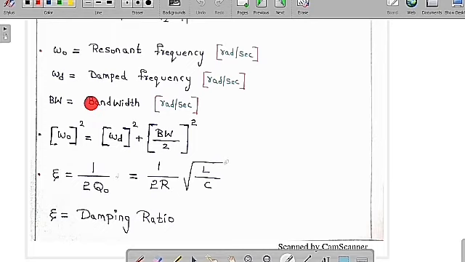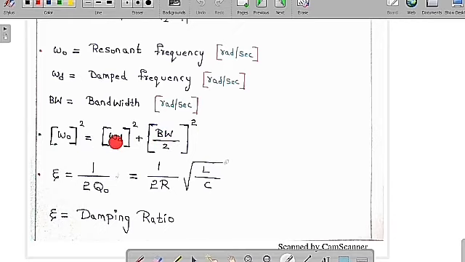And now I will discuss a very important formula. If omega 0 is the resonant frequency in radians per second, and omega d is the damped frequency in radians per second, and BW is called the bandwidth in radians per second, then the relation between them is omega 0 square is equal to omega d whole square plus half of the bandwidth whole square.